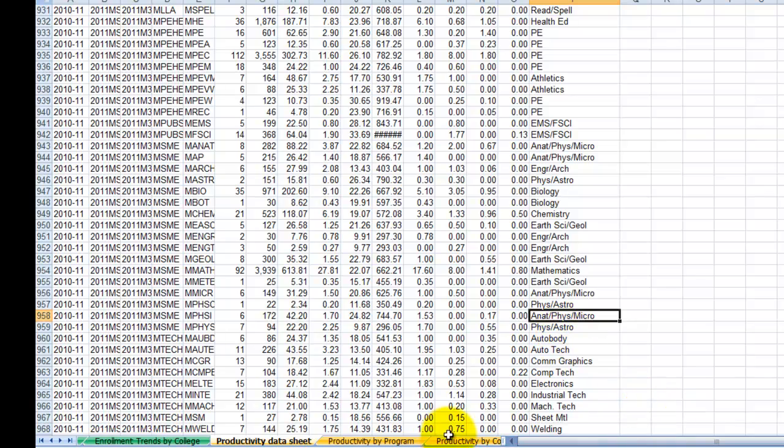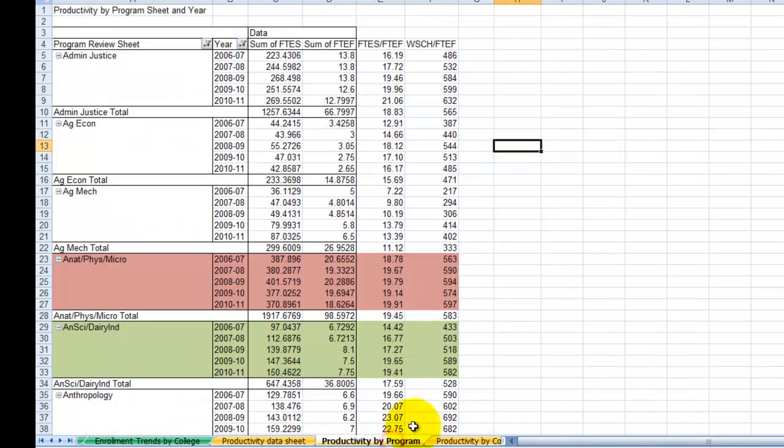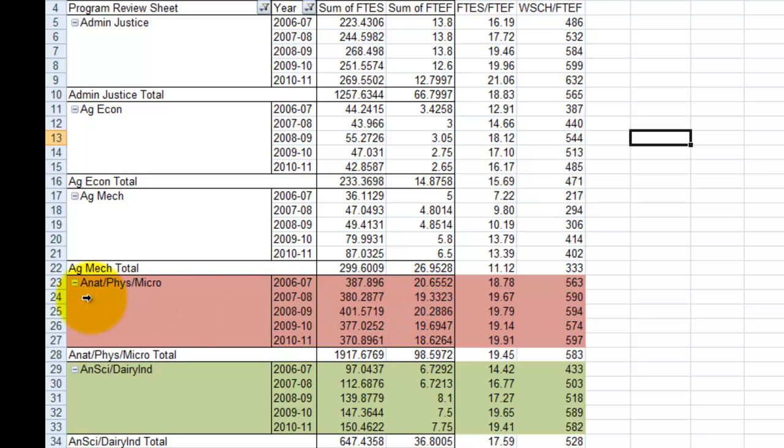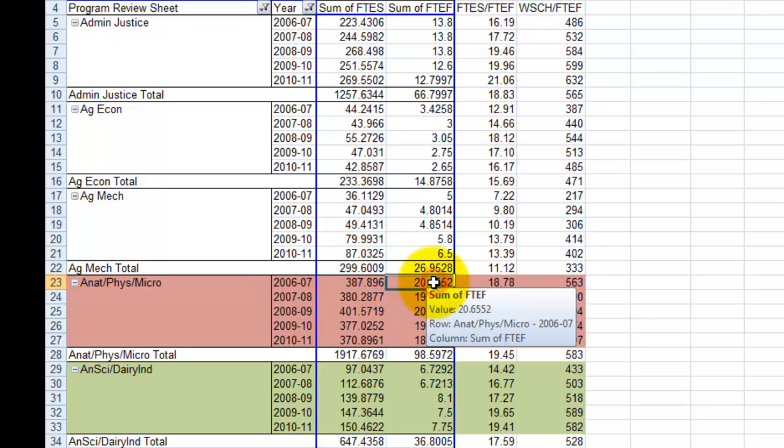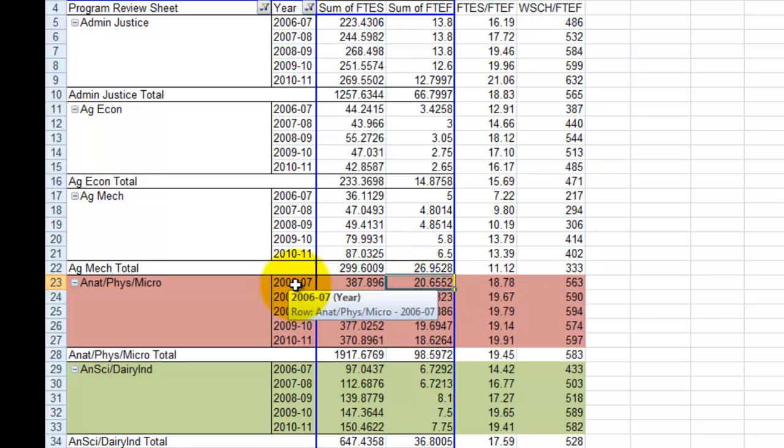There's one of those Anat Phys Micro ones, and we calculated the sums. So for instance, here's all the anatomy, physiology, and microbiology numbers. This was the total sum of all FTES across 06-07 fall and spring, and this is the FTEF in the same 06-07 fall and spring. We divide those two numbers to come up with this 18.78 and scale that out for the WSCH values and get 563.